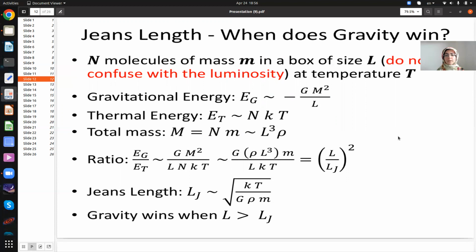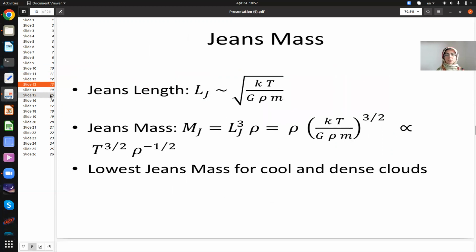At temperature T, we have gravitational energy minus G M squared over L, thermal energy NkT, total mass Nm, the ratio of gravitational energy over thermal energy, and the Jeans length, and then gravity wins when the length L is larger than the Jeans length. The Jeans length, you see here, the Jeans mass, and at last we can say the lowest Jeans mass is for cool and dense clouds.